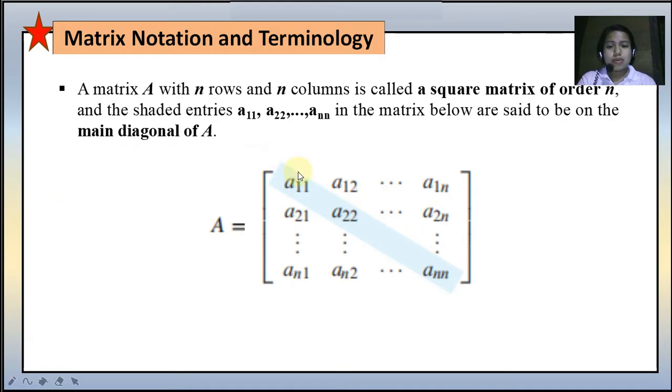A sub 1,1, A sub 2,2, up to A sub nn is our main diagonal of the square matrix A.